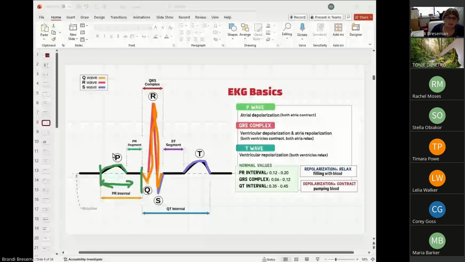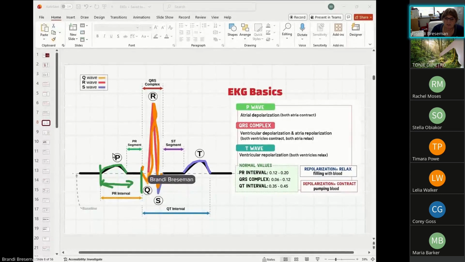The next thing we're going to measure is our QRS complex, and our QRS complex starts at the beginning of our Q and ends at the end of our S. Okay, right here. And normal QRS complex is 0.06 to 0.12 seconds.